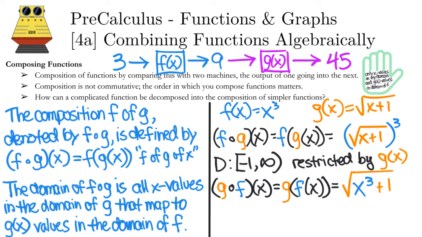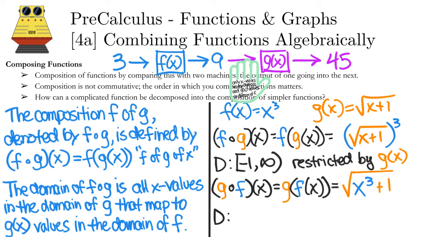Time for some extra thought about the domain. So the first function we'll consider for the domain is f of x. Are there any values that we can't plug into x cubed? No. So far the domain is all reals. But in this case, f is the gatekeeper, so it needs to consider what output values it's sending to g of x.